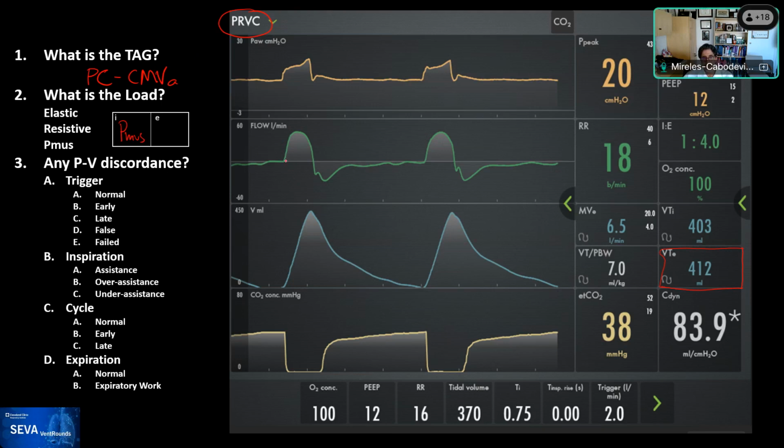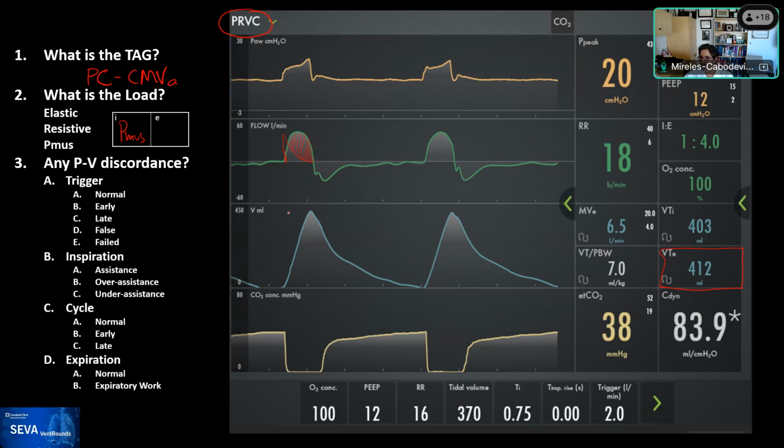And the way to recognize this, you have to memorize the passive waveform. And the passive waveform doesn't look like this. The passive waveform on pressure control looks like that and has an exponential decay. And so everything that you see up here is high quality PMUS. So absolutely.